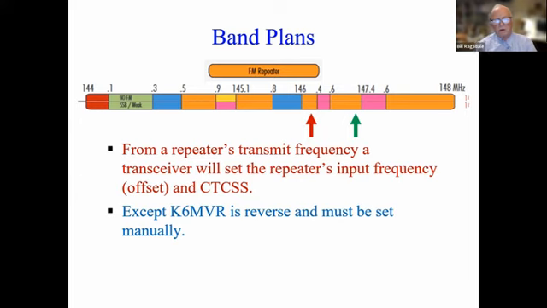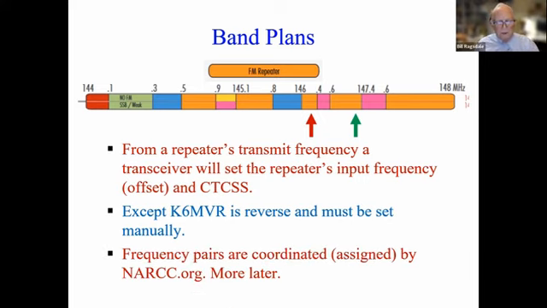The offsets are automatically placed on ham radio base stations and HTs. However, some stations have reverse offset, and K6MBR is the case. So if you were to set up for a K6MBR repeater, you realize you would take the setting that's in the HT and reverse it. And frequency pairs are coordinated or assigned by this group, NARCC. We'll talk more about that in a few moments.